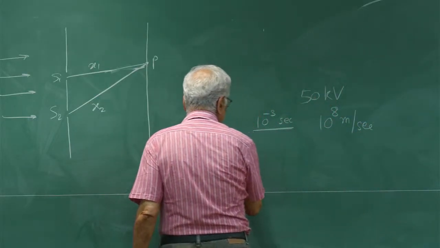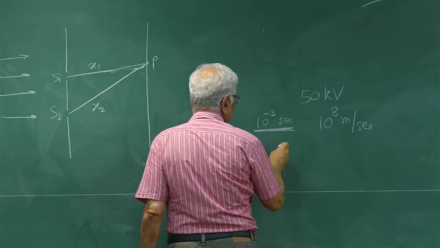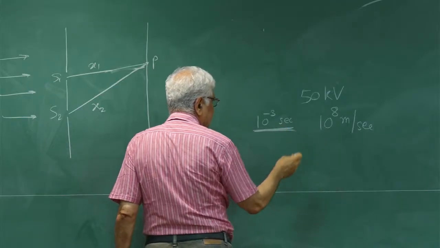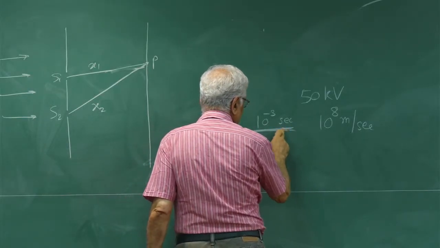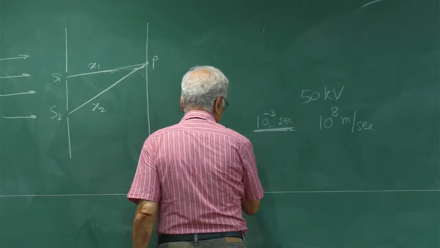So what is the distance between two successive electrons? It is the distance traveled by the first electron up to the moment the second electron is emitted in this interval. So that is 10 raised to 5 meters.